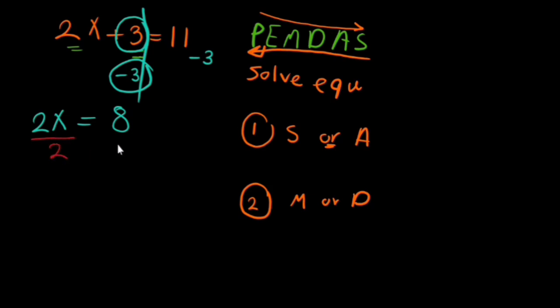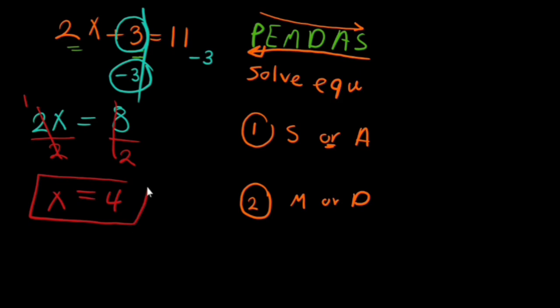The problem is 2, so I will divide by 2. 2 divided by 2 equals 1. 8 divided by 2 equals 4. So on the left side, x times 1 will be x, equals 4. So the value of x in this problem equals 4.